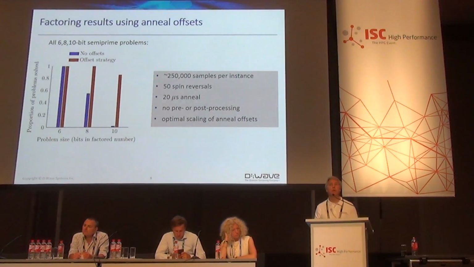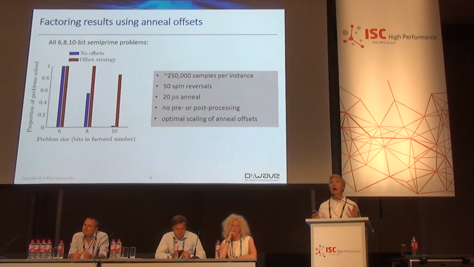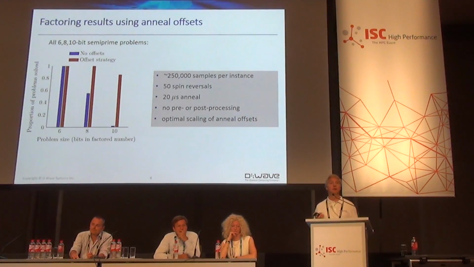When we do this without using anneal offsets, one thing that we discover is that as we try to factor larger and larger numbers, our ability to hit the ground state reduces. So in this graph here, you'll see I'm showing in the blue bar problem sizes of 6, 8, and 10 bits.